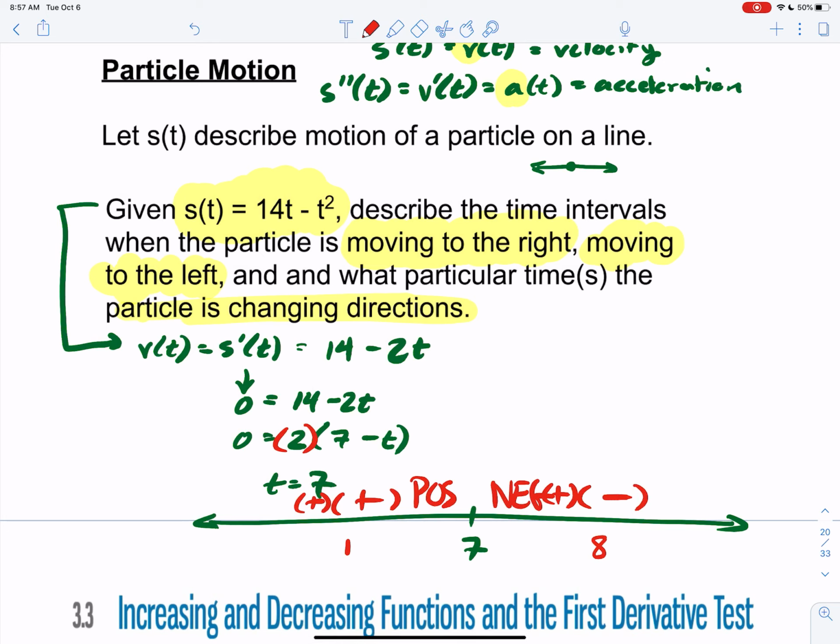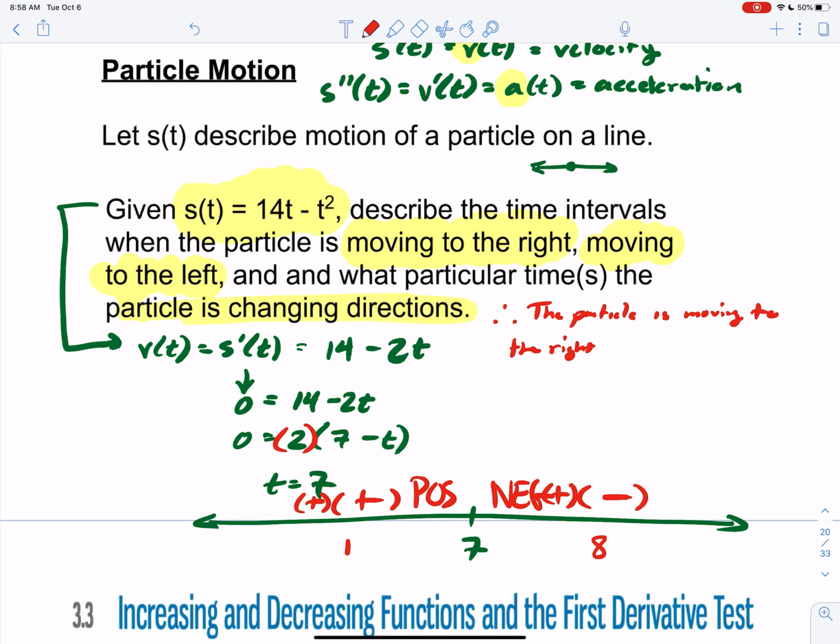So here we go. Therefore, the particle is moving to the right. Remember, when the particle is moving to the right, that implies that the position is increasing, okay?